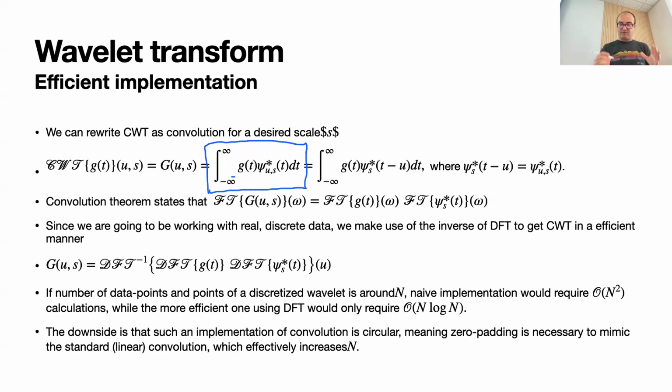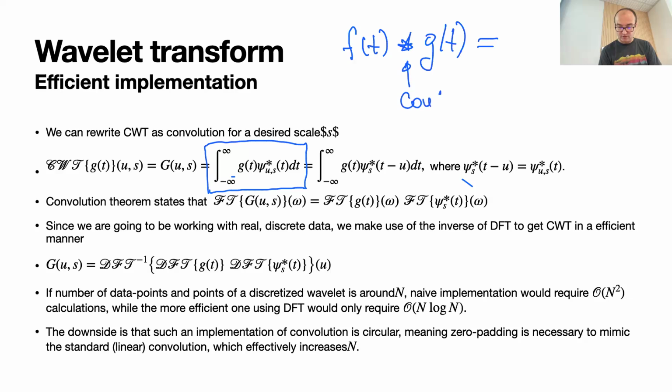Because of one fundamental theorem, which says if I have two functions in the time domain, f of t and g of t, and I do star, this star is convolution, and this convolution is actually this integral, the integral from minus infinity to infinity of f of tau times g of t minus tau d tau.